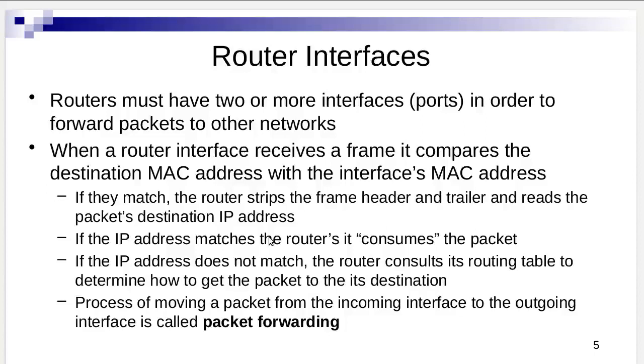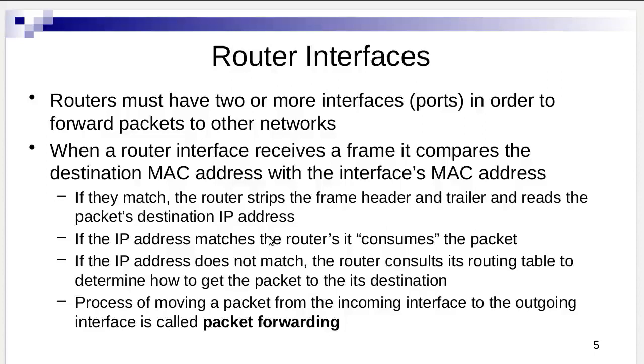When a router interface gets a frame, it opens it up, and also looks at the destination MAC address to make sure that it is destined for that router. And assuming that it matches, the router looks at the packet inside the frame, and if the destination IP address matches the router's actual IP address, then it doesn't do any routing.